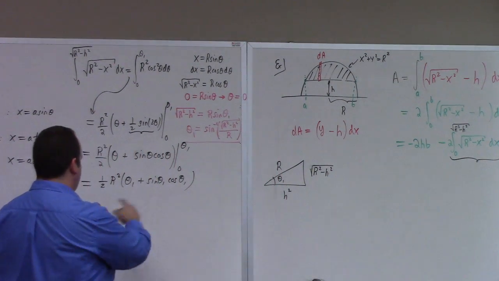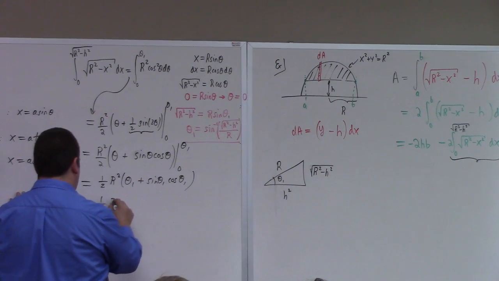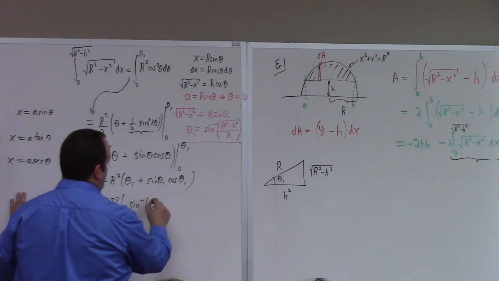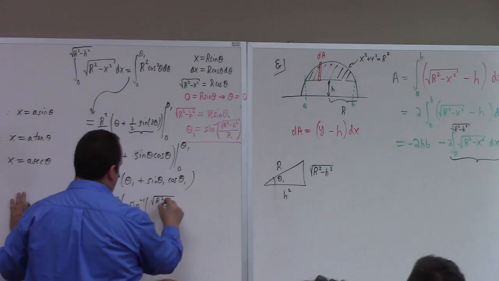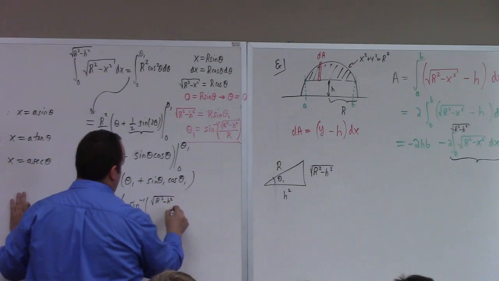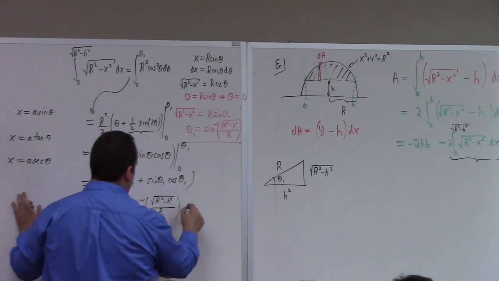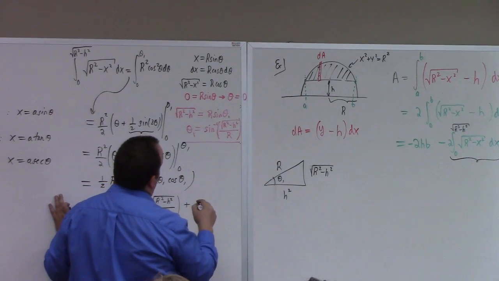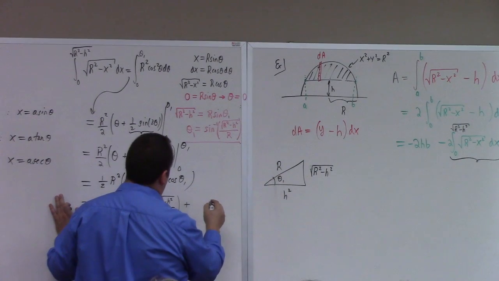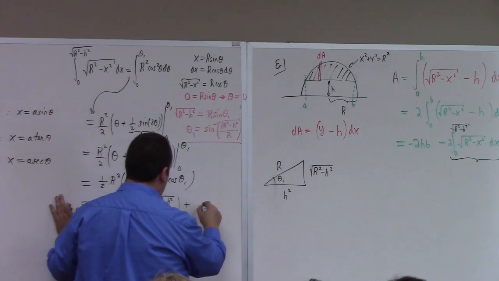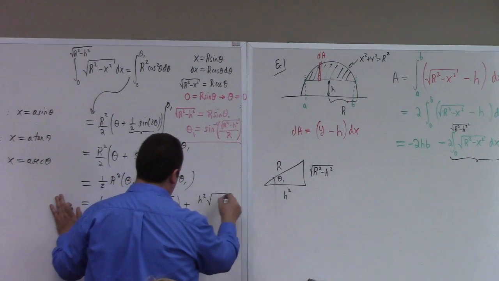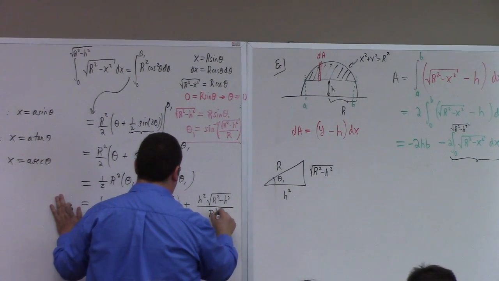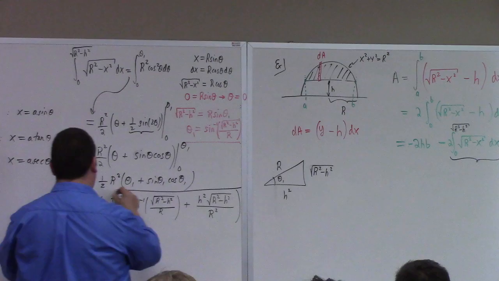And so this simplifies to 1/2 r squared inverse sine of the square root of r squared minus h squared over r plus the product of sine cosine, which is, in this case, h times the square root of r squared minus h squared divided by r squared. And there you have it. That's the area.